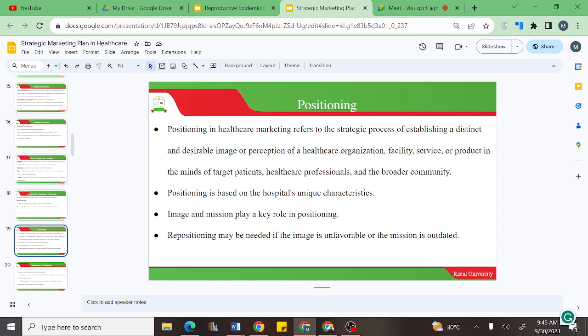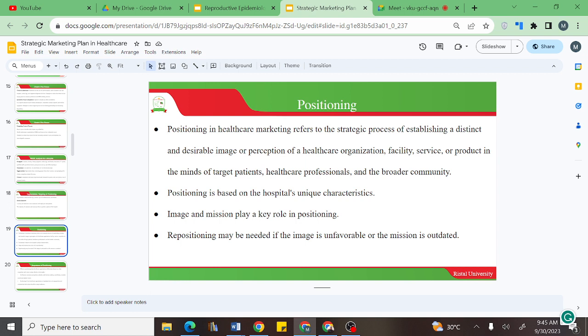So that means that you need to be aware of what is happening. What are people saying about you as a healthcare organization? And are the needs that you're actually providing still relevant to the population that you're serving?